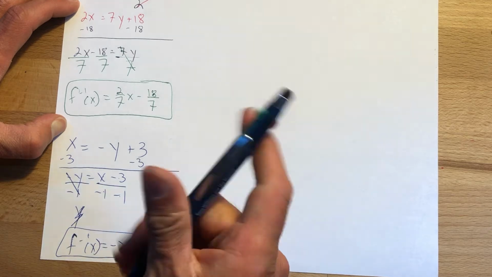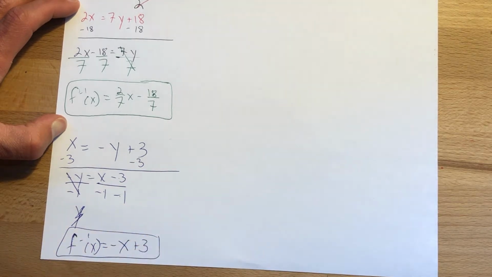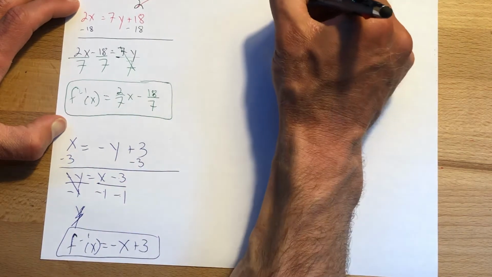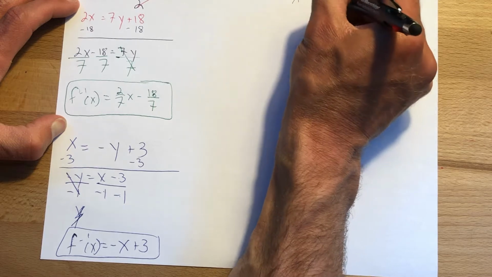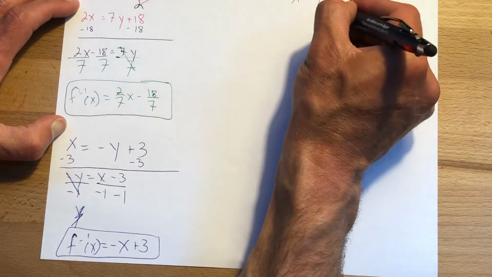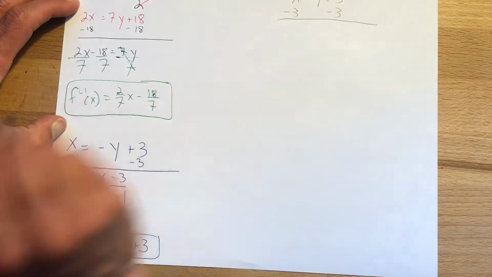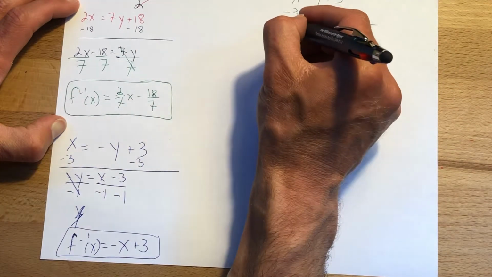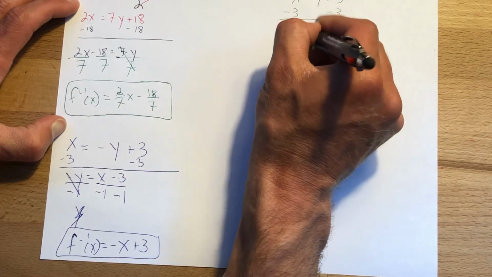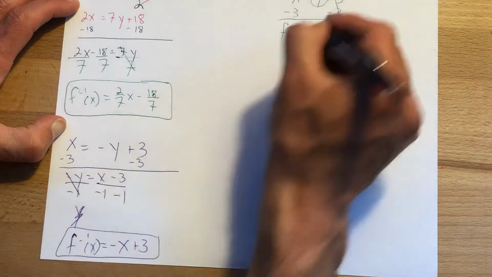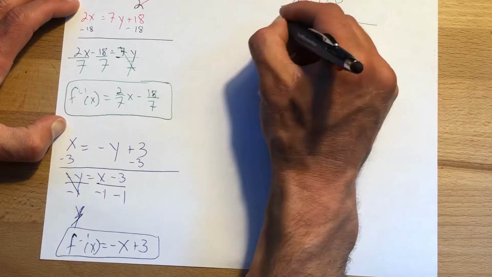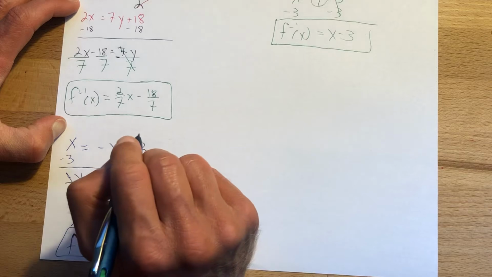Okay, the third one, very similar to this. I'm going to flip the x into y. x equals y plus 3, and there's only one step. I'm going to minus 3 on both sides to get inverse of f of x, which is the y, equals x minus 3. That's your answer.